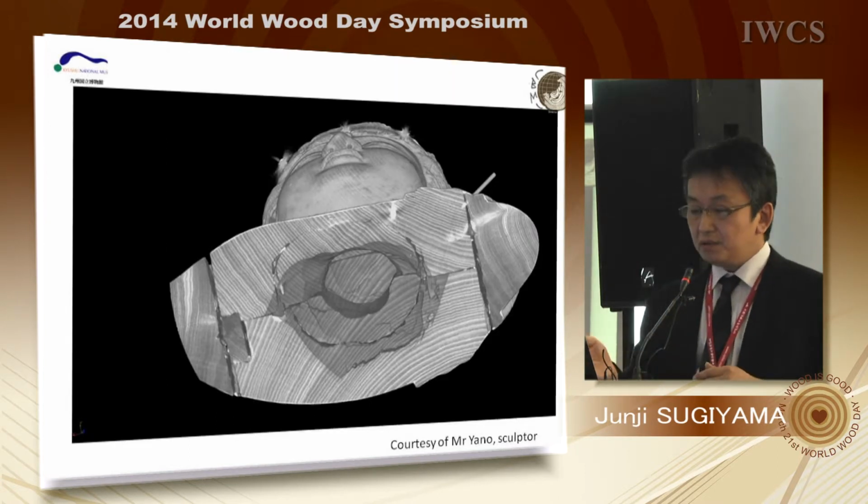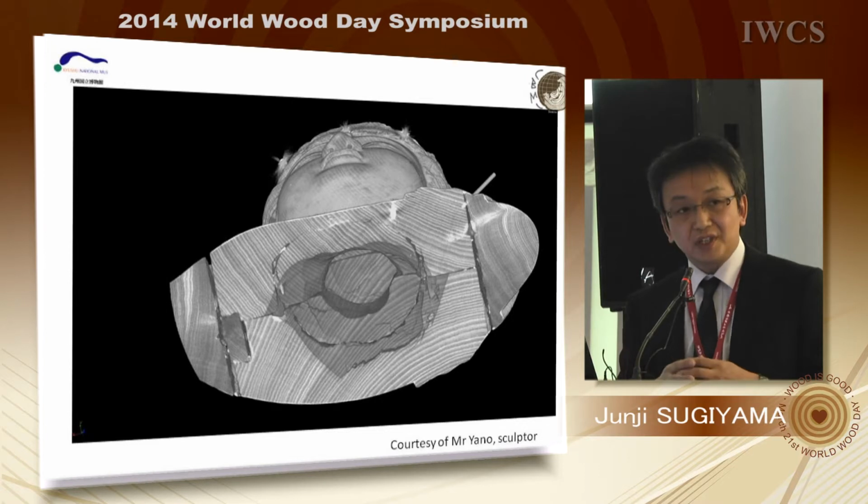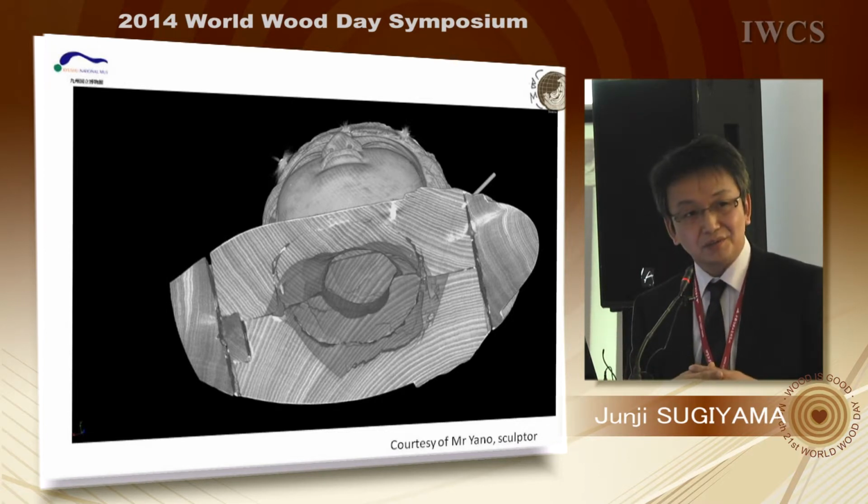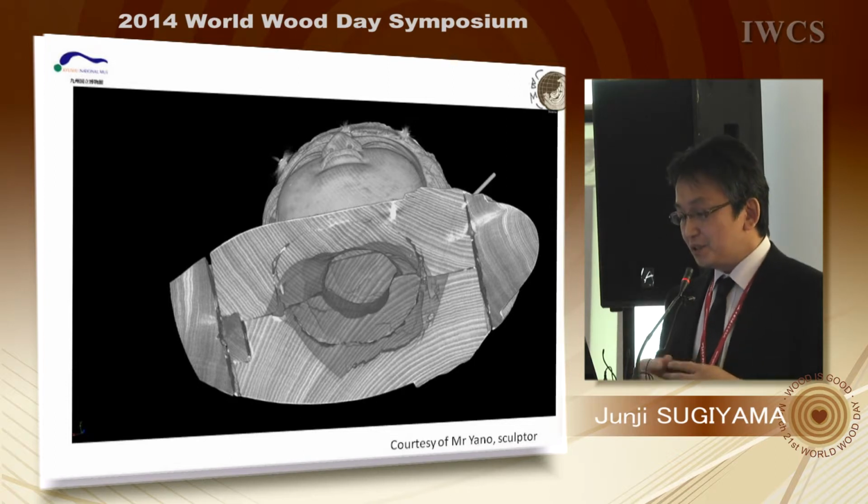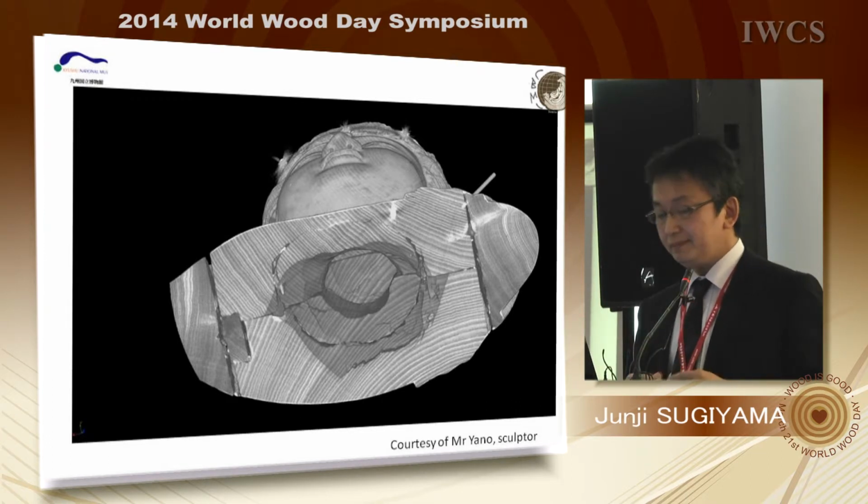if we look at these pictures, wood scientists think that it might be possible to identify wood, because on the shoulder part and the body part, there are completely different textures of annual ring formations.